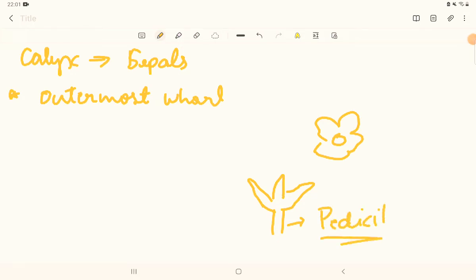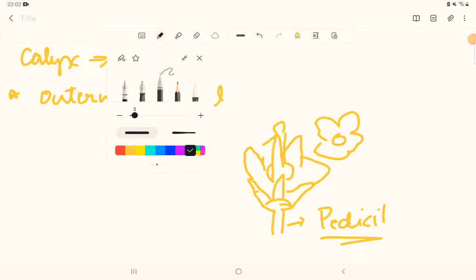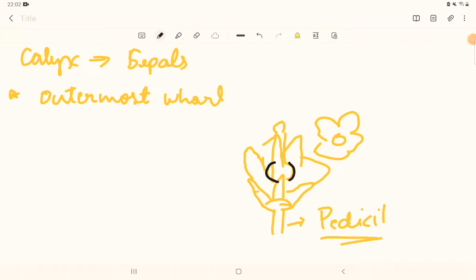pedicel, right? This is your thalamus part, this is your sepals, then you'll be having your colorful petals part. Let me draw it with a dark color.